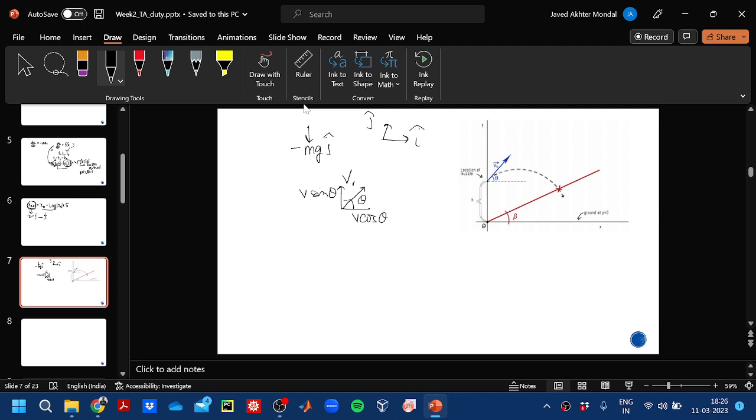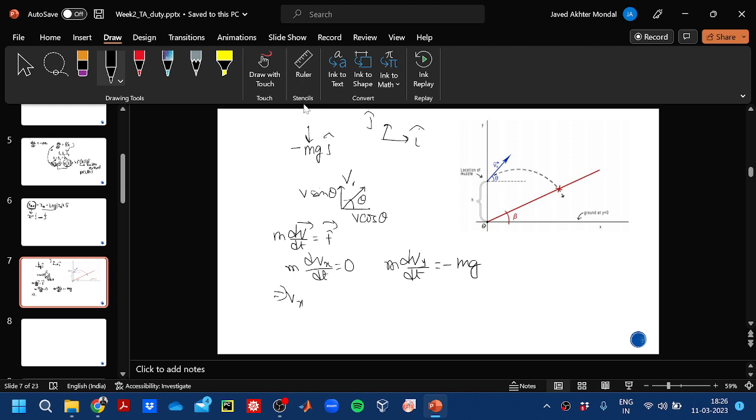So if we write our equation m dv/dt as force, then there is no force in the x direction. So m dvx/dt will be 0, and m dvy/dt will be minus mg.